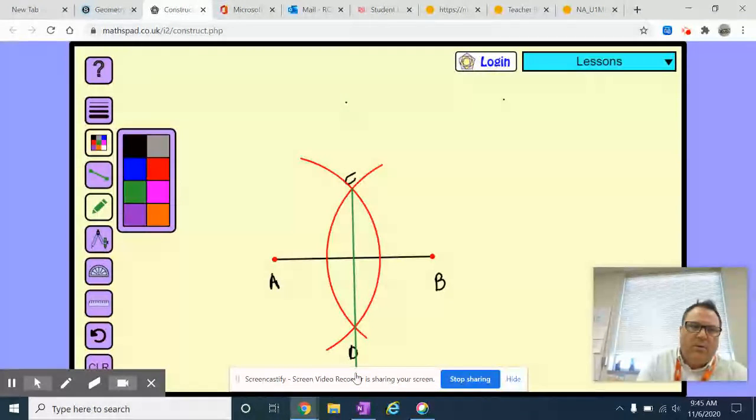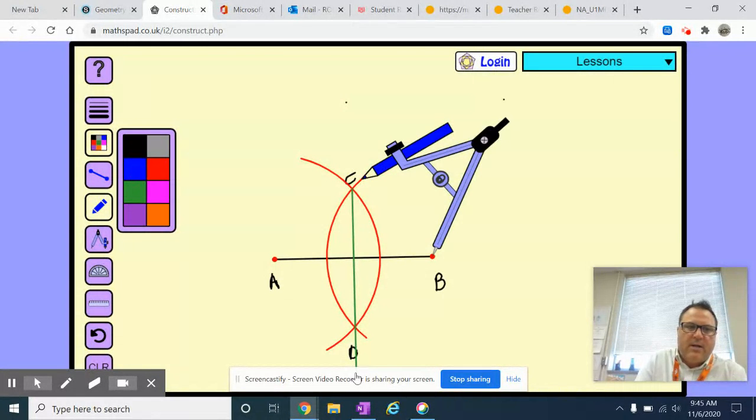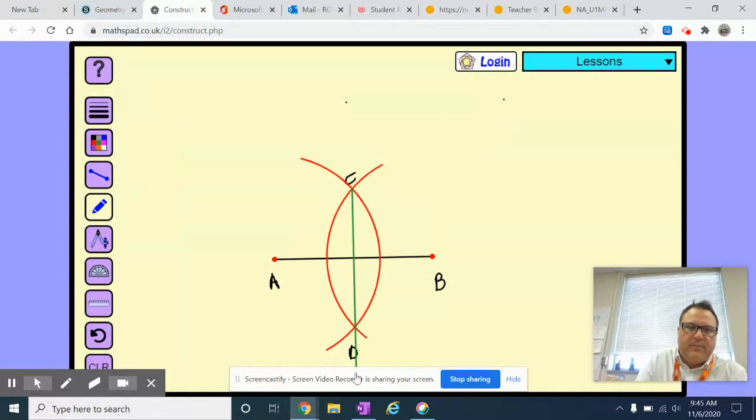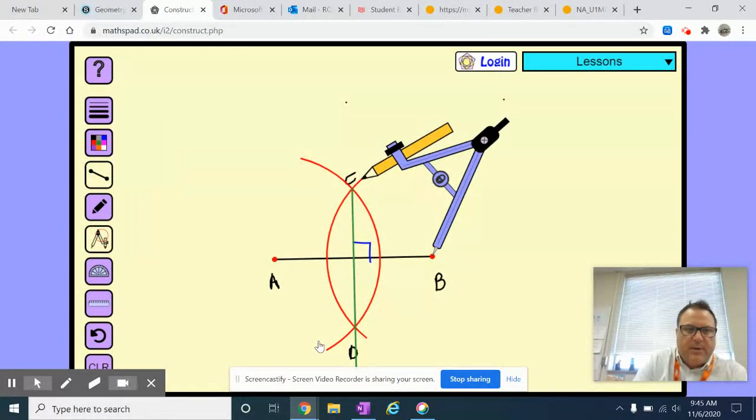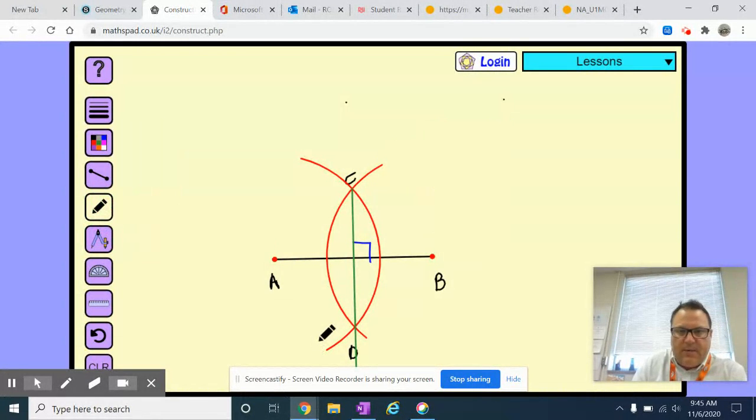Well, I know, ladies and gentlemen, that these angles, and I'm not going to put all the right angle symbols in, but this is going to be a right angle symbol right here. These are all right angles. And we'll call this point right here point E, in black because we did black.